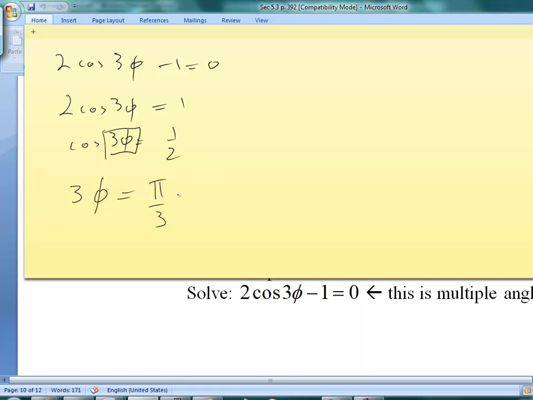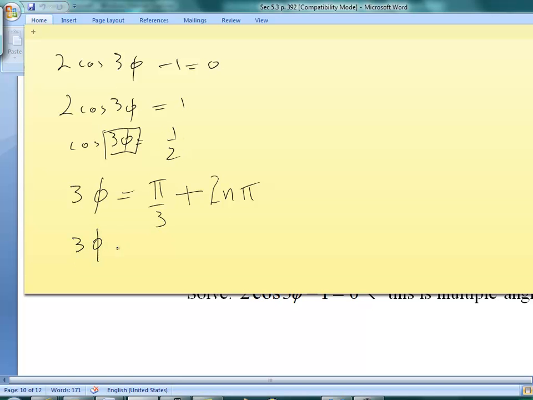And on the very first day of 5.3, I told you that this can also be a solution if we add multiples of 2 pi. So if we add 2 pi, 4 pi, 6 pi, and so on, we still get answers that will satisfy the given equation. Well, that's not the only place where cosine is half. We have another place, which is going to be in quadrant 4.